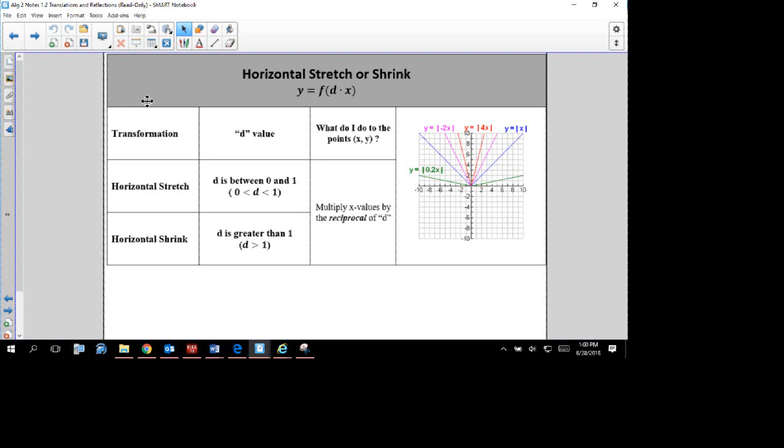Since it is horizontal, you will find the number inside of the function. Inside of the function because it's horizontal. Also, every single time we have horizontal, we do the opposite operation.